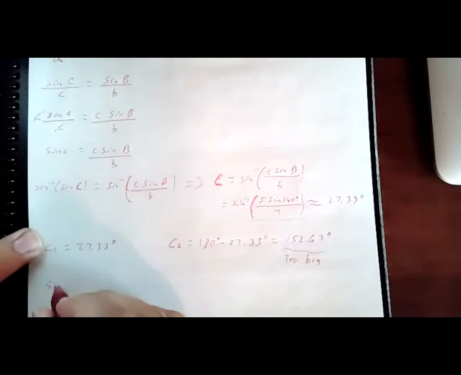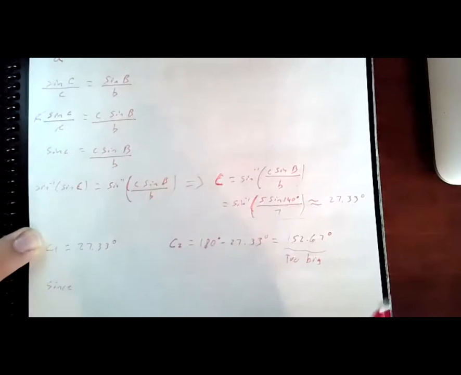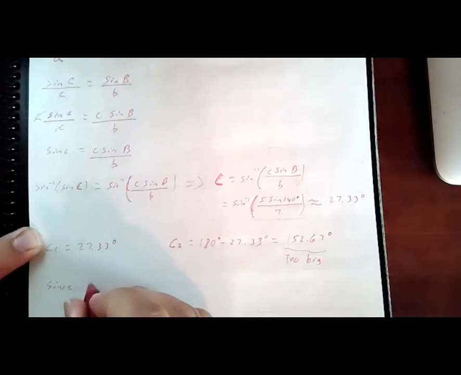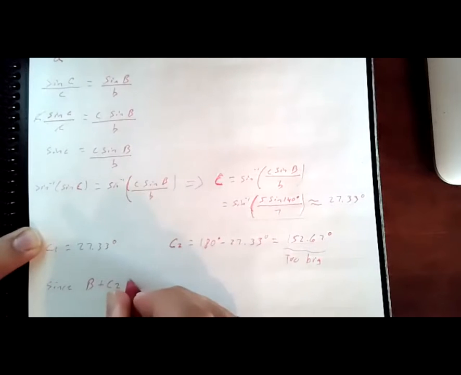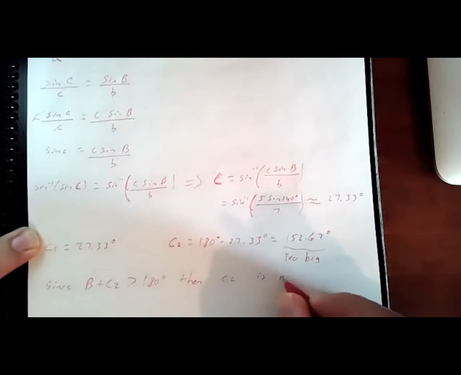So since C2, well, let me write this a little more elegantly. Since B plus C2 is greater than 180, then C2 is not a solution.